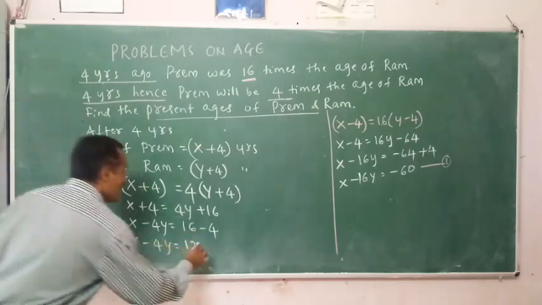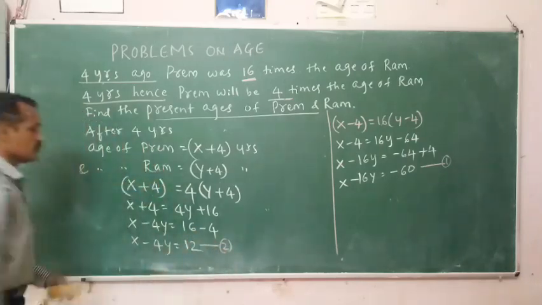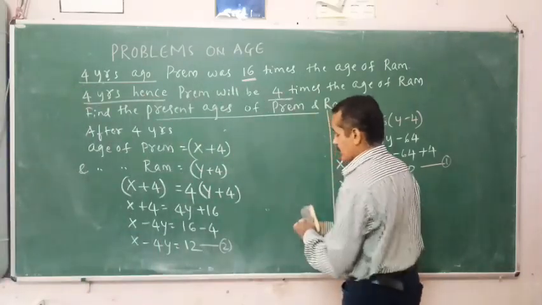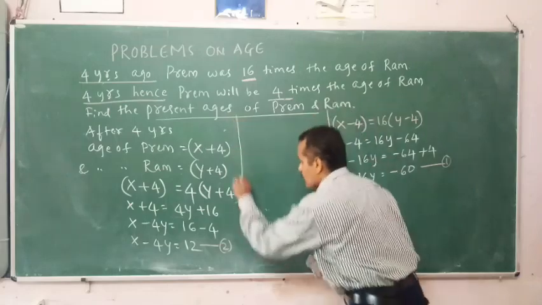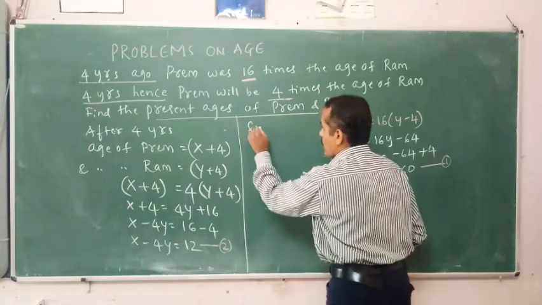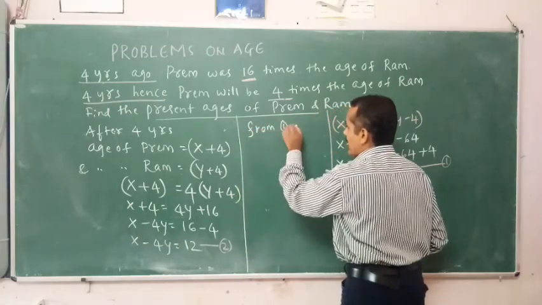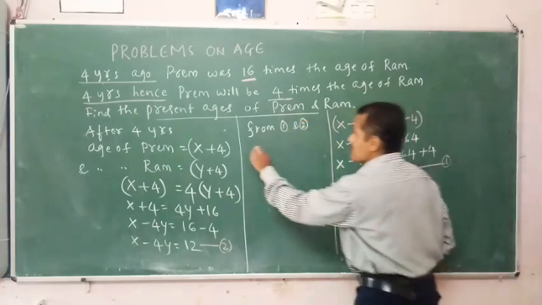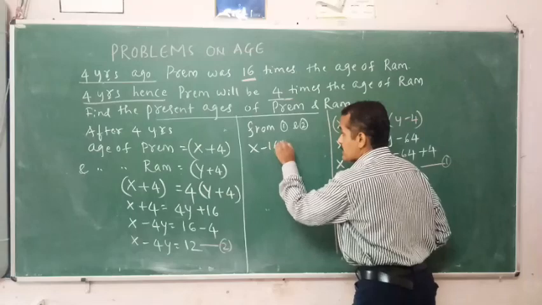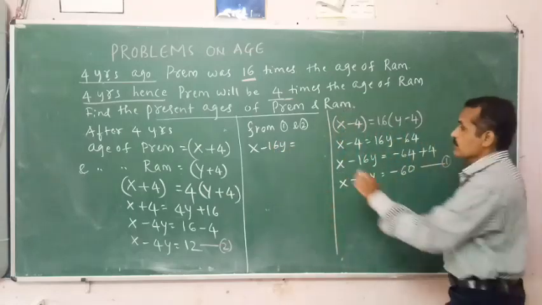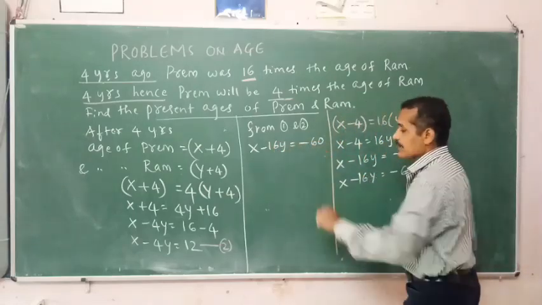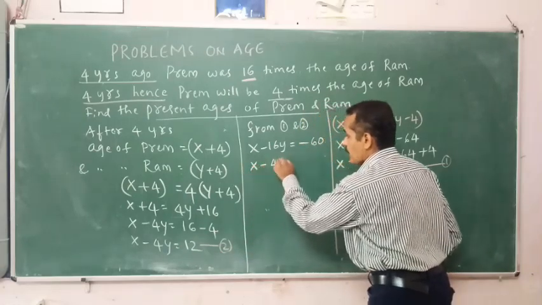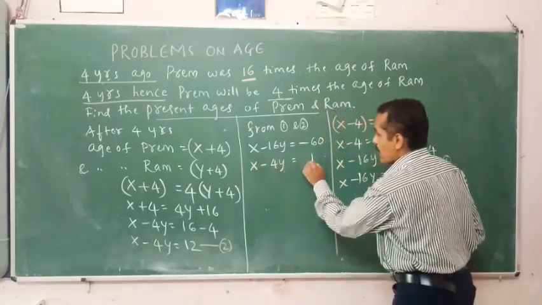Call this equation number 2. Now I have to solve both the equations, 1 and 2. Equation 1 is x minus 16y is equals to minus 60. Equation 2 is x minus 4y is equals to 12.